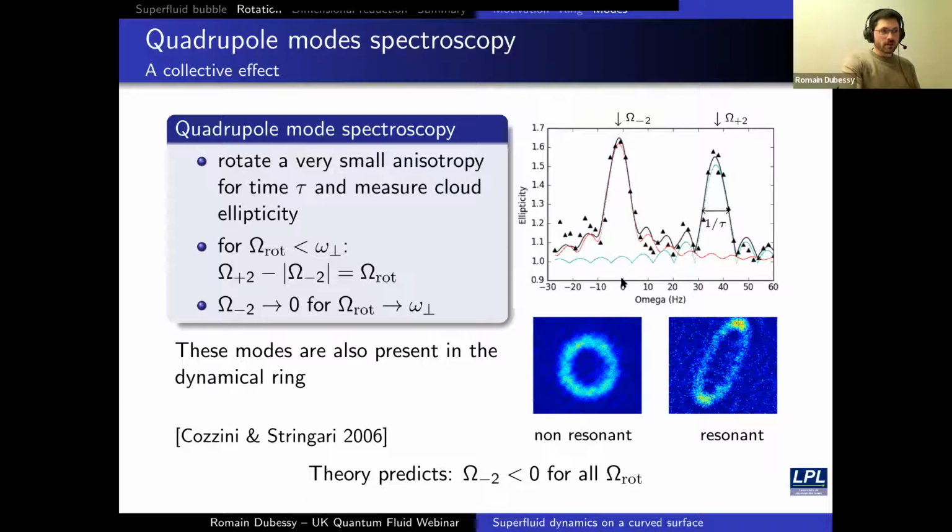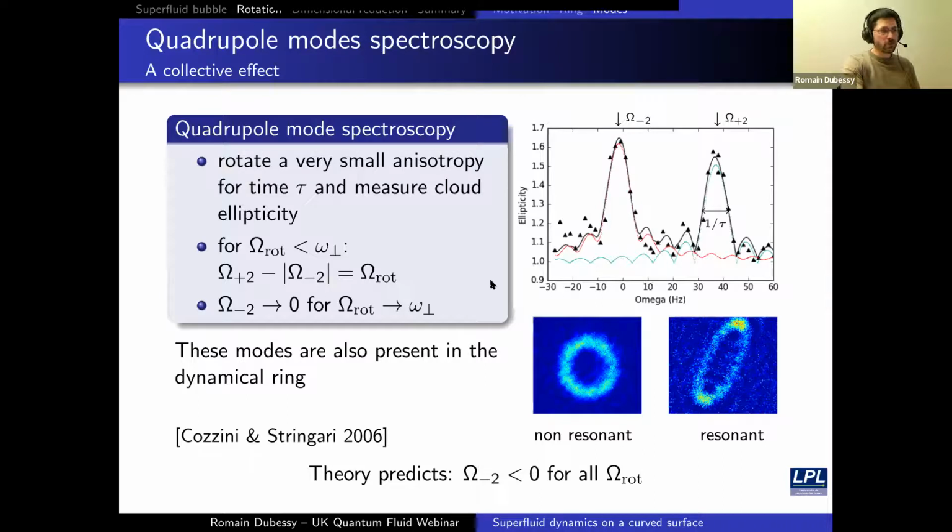You see that the two resonances are not at the same absolute value, because we do this spectroscopy on a system that is already rotating. This is well known for a BEC in a harmonic trap, for example, where you can even predict the value of the frequencies.